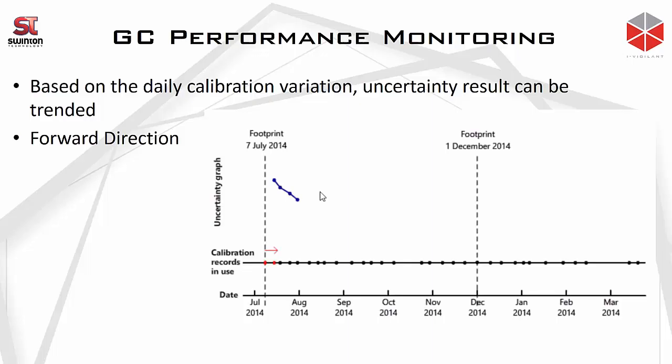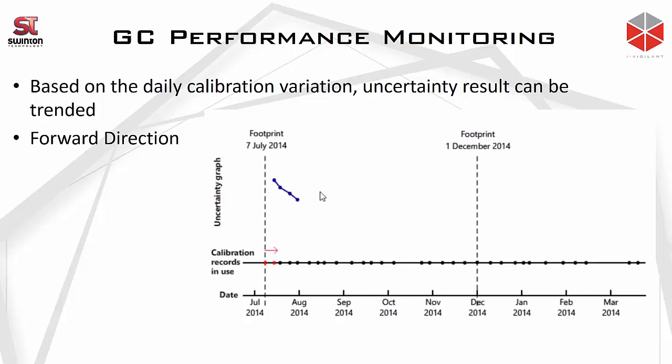The limitation of the forward direction is when we have a good, healthy GC for a long time. Let's say, for argument's sake, we have a GC that has been running very well for the last 1 year with daily calibration. What will happen is that, after a year, the GC starts drifting.